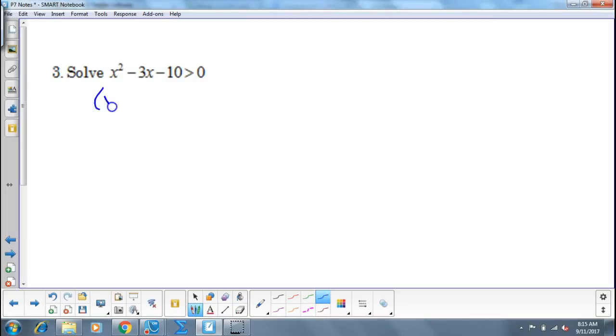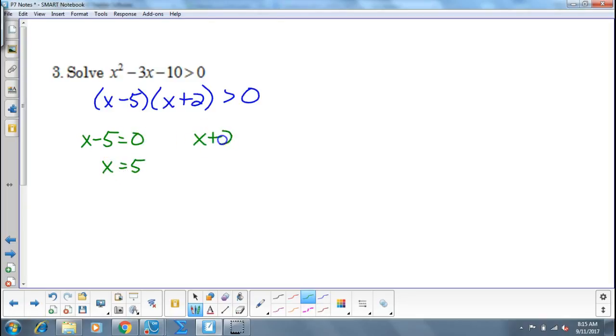And in fact, this side factors to be x minus 5 and x plus 2. Now, I'm going to find the zeros of that one by saying x minus 5 equals 0, so x equals 5, and x plus 2 equals 0, so x has got to be negative 2. So my function crosses the x-axis at negative 2 and positive 5.